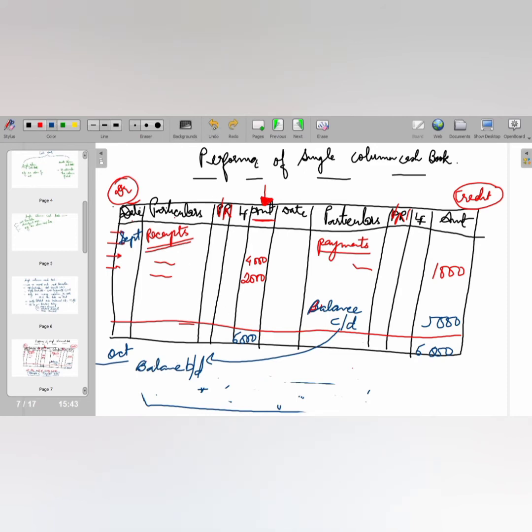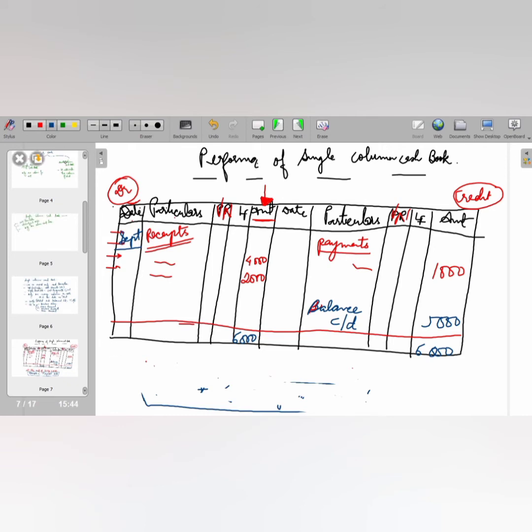See, let me explain you once again. This is the month of September cash book. Now this balance carried down amount will be brought forward to the next month.